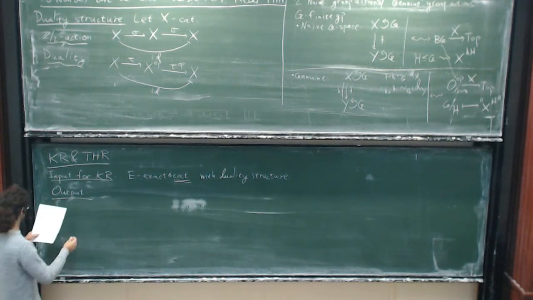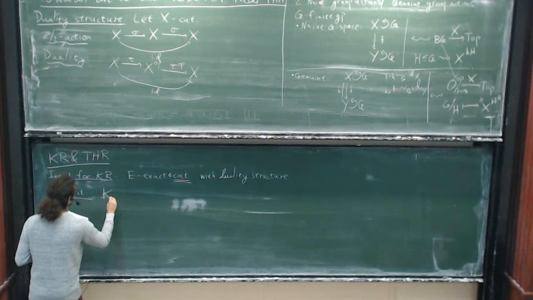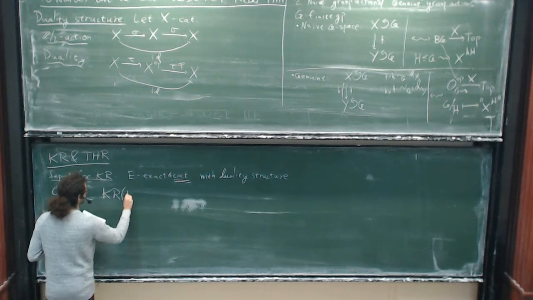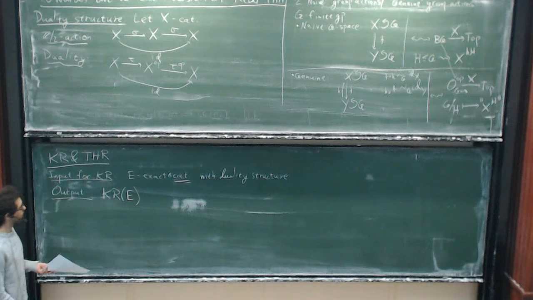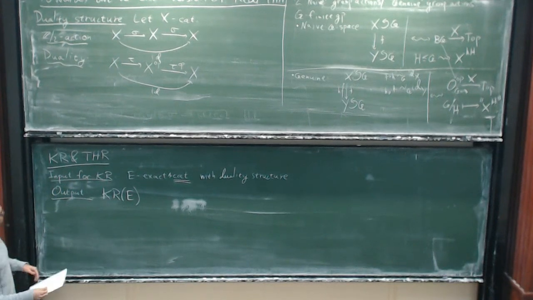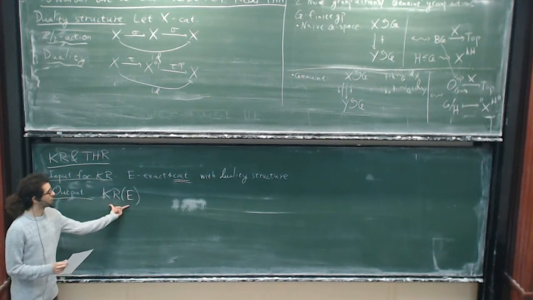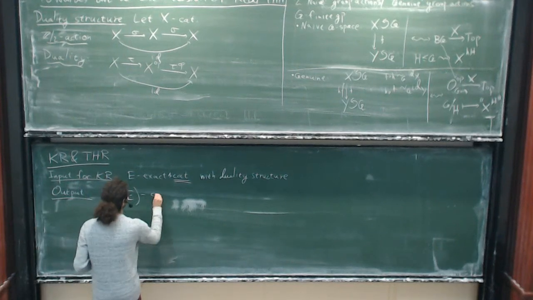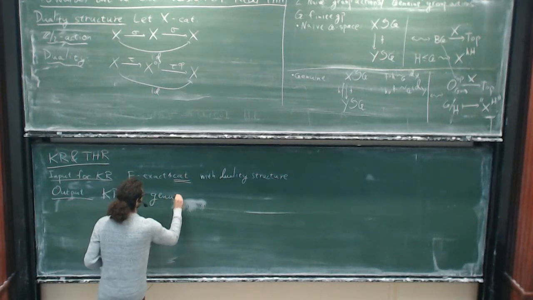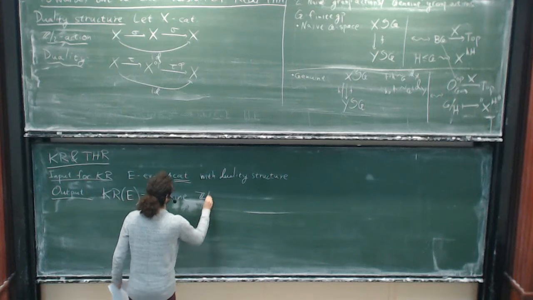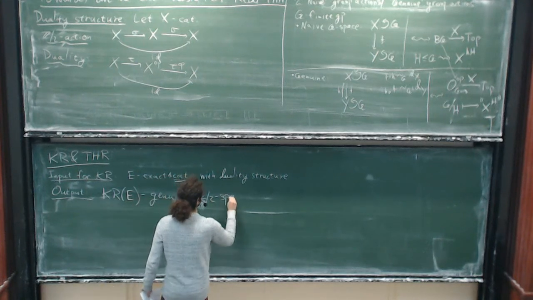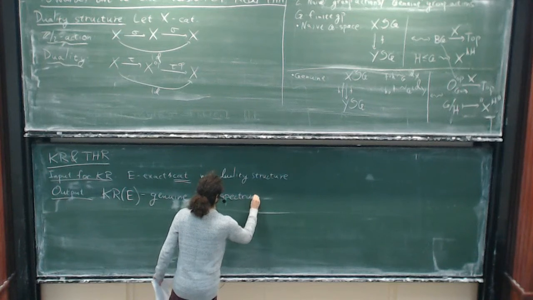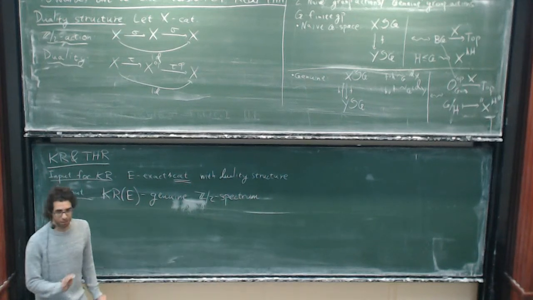So what is the output? We take KR, we plug in E. What do we get? If we didn't have this R here, we would just get a spectrum. But here we want a spectrum with a Z mod 2 action. So the output is a genuine Z mod 2 spectrum. I didn't explain exactly what it means.